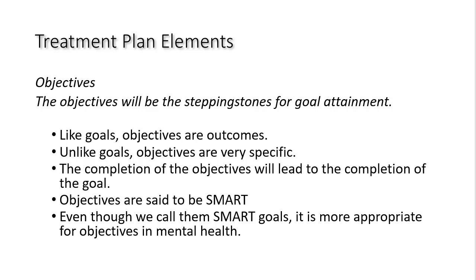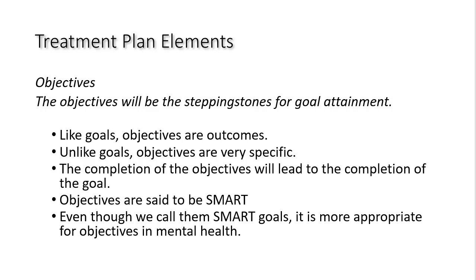We're going to talk about a particular model that we use to develop goals called the SMART objective model. So the completion of the objectives will lead to the completion of the goals. And as we said, once you complete your goal, you complete therapy. So really what we're doing is we're developing a treatment plan that allows us to work toward eventual goal attainment as long as we use our treatment plan effectively to do it.